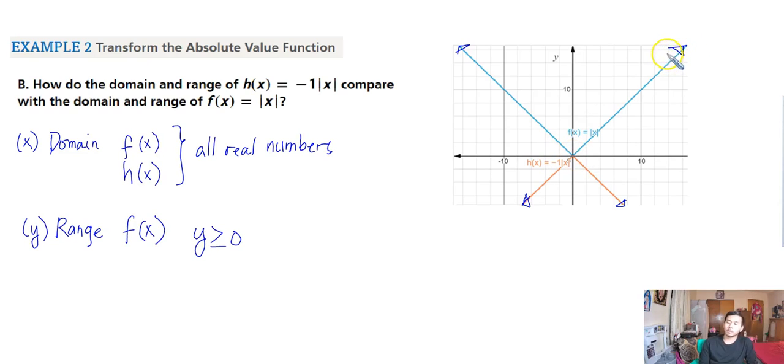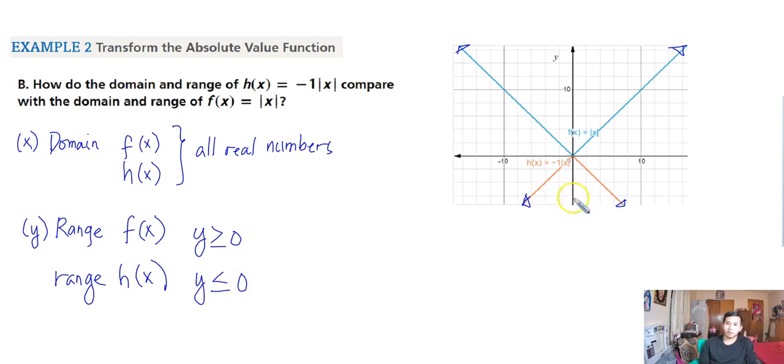However, because you multiplied your mother function by a negative factor, which in this case is -1, it yields non-positive output. So the range for h of x, because you did multiply with a negative factor, will be y is less than or equal to 0.